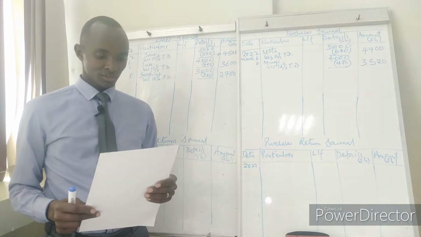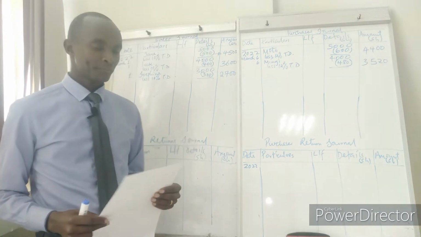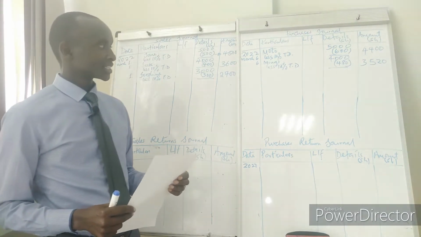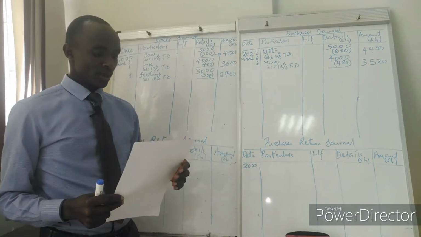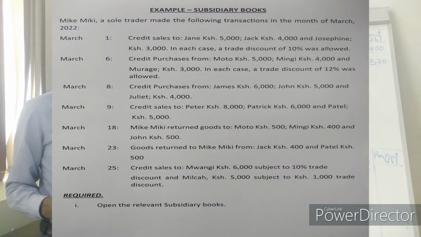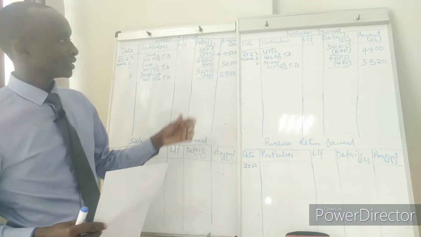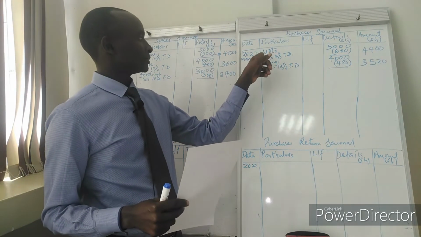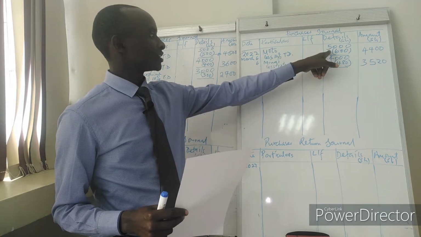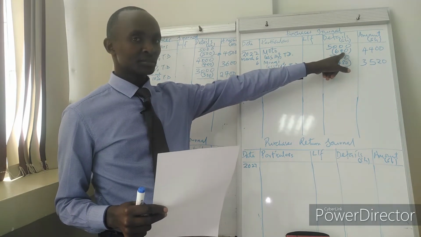So without much ado, let's go straight to where we left. We left at March 6th, whereby transactions were credit purchases from Moto, 5,000 shillings, 600 being the discount.